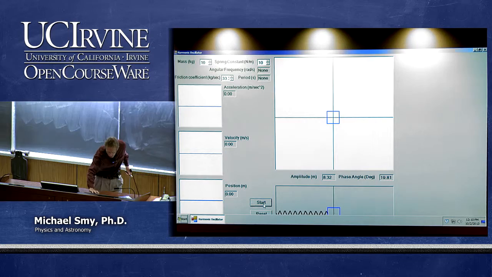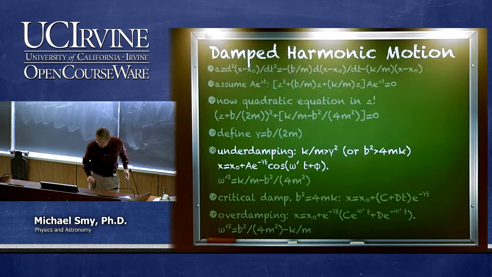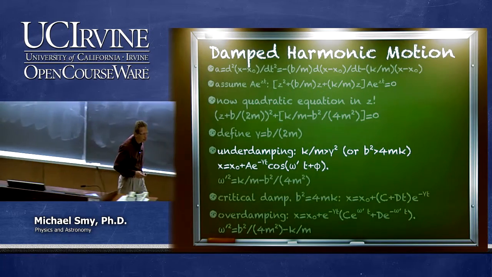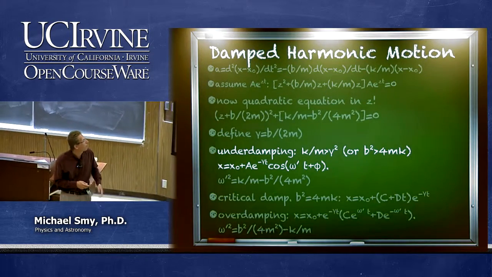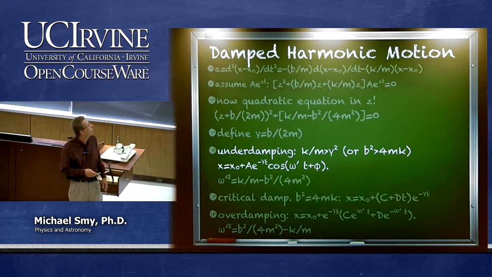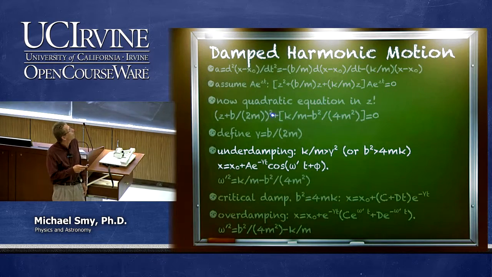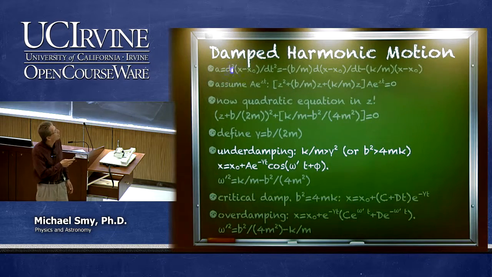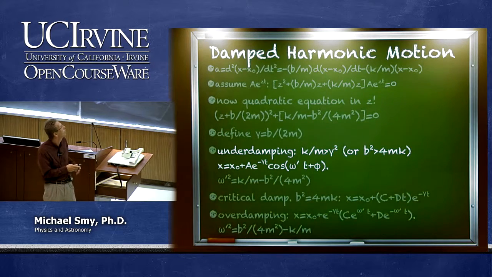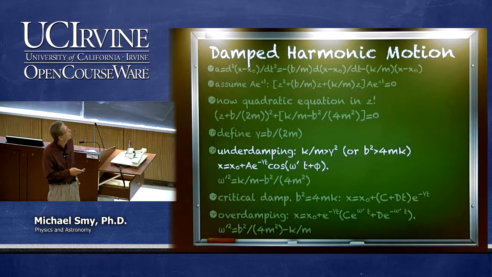So let me now describe mathematically what you just saw. We have the equation of motion as it's written in the book. So the acceleration is the damping term plus the oscillatory term divided by the mass.